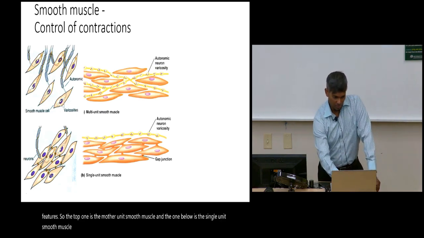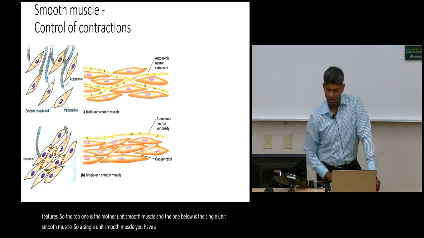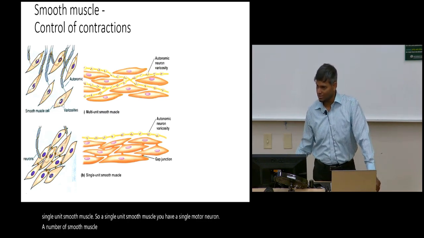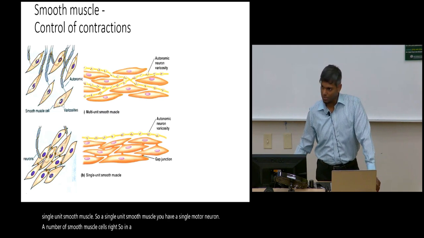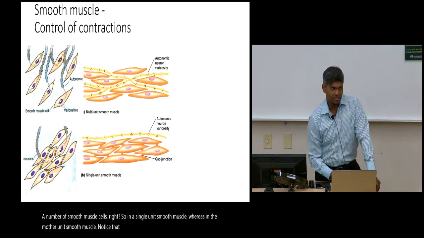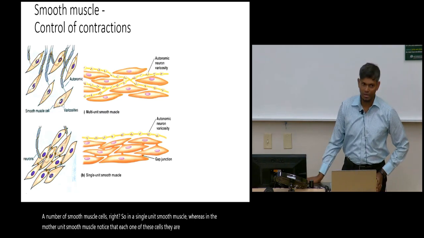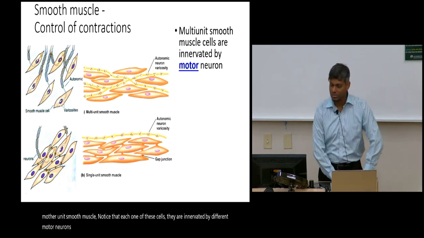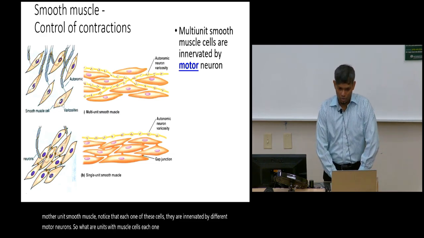So in the single unit smooth muscle, you have a single motor neuron innervating a number of smooth muscle cells. Whereas in a multi-unit smooth muscle, notice that each one of these cells is innervated by a different motor neuron. Right? So in multi-unit smooth muscle cells, each one is innervated by a motor neuron.